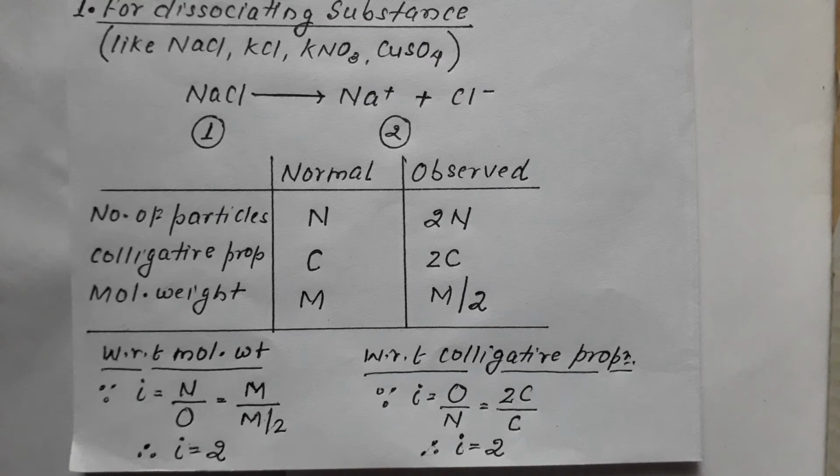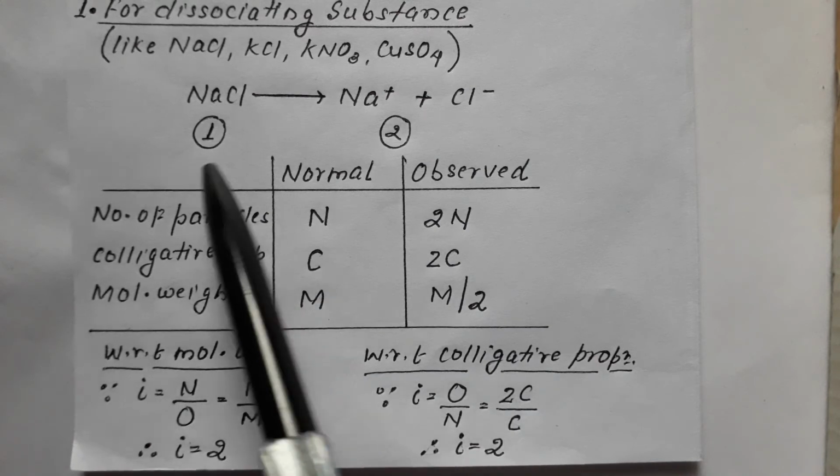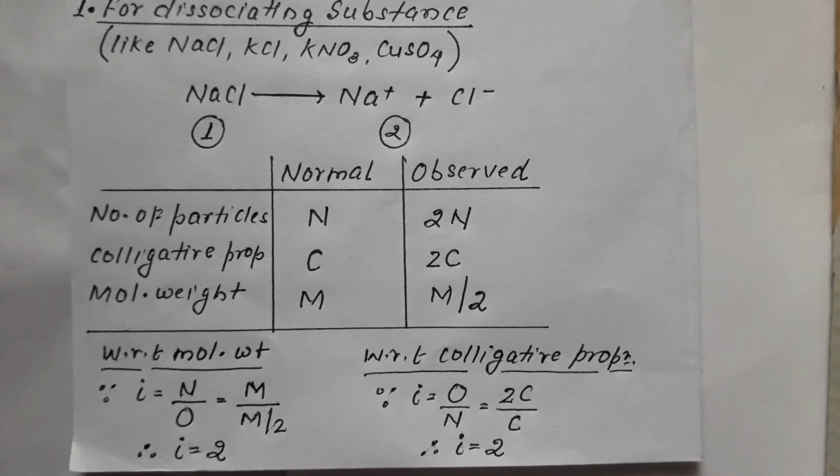Now suppose I take CaCl2, it ionizes to give 1 calcium ion and 2 chloride ions, 3 ions in total, so the value of i would be 3, and so on. So the value of i is the number of ions a substance provides on ionization, as in the case of NaCl this value is 2 because NaCl ionizes to give 2 ions.